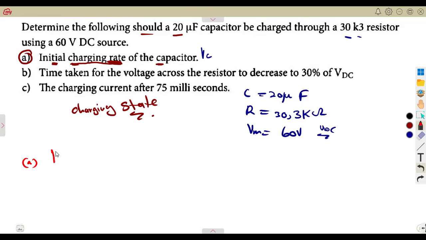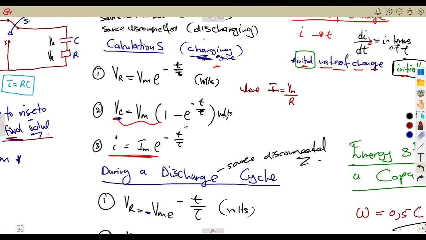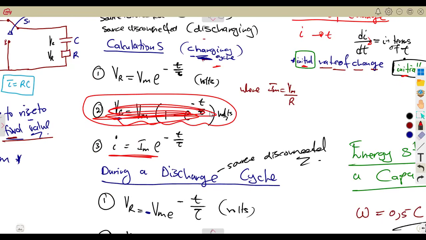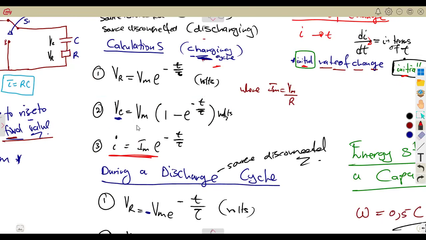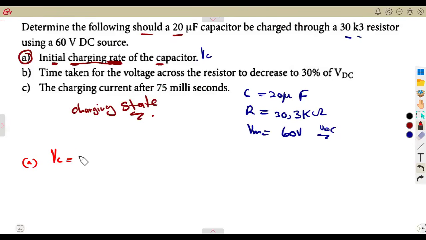Remember, VC is given by the formula. This is a charging state. Okay, let's go back to our formulas so that we do remember. VC, this is our VC on a charging state. So taking our VC into consideration, let's see. VC is equal to what? Let's substitute. VC is equal to VM into 1 minus e to the exponent of minus t over tau.